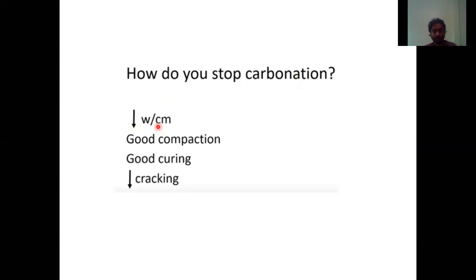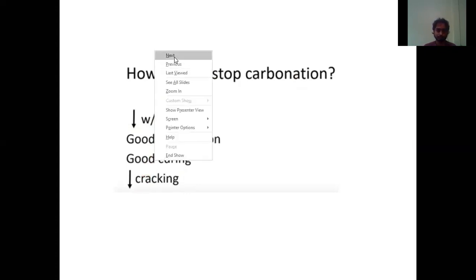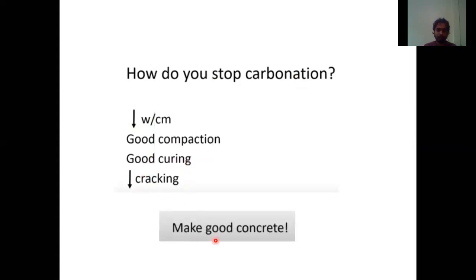So for making good concrete, what do we have to do? We have to do good compaction. We have to make sure that the compaction is good. Next, we also require good curing so that no cracks are present. If the cracks are less, we ultimately make good quality concrete.